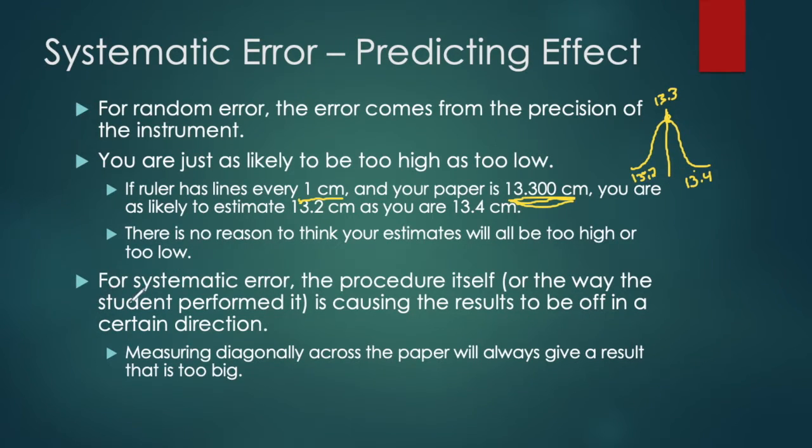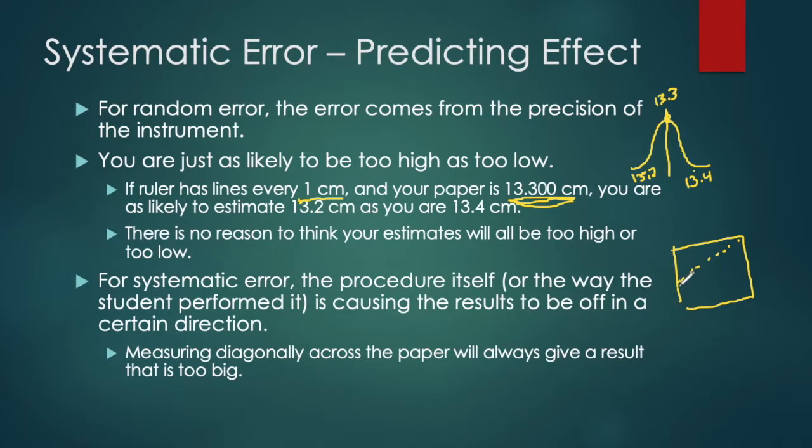If you have a systematic error, so the procedure itself or the way the student is doing the procedure is causing the results to be off in a certain direction. So for example, we talked about measuring diagonally across the paper. So a measurement taken along the edge of a paper versus a measurement taken on the diagonal, just the way triangles are, the diagonal is going to be longer.